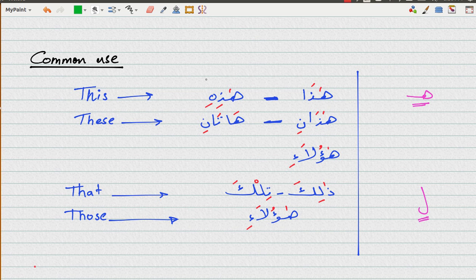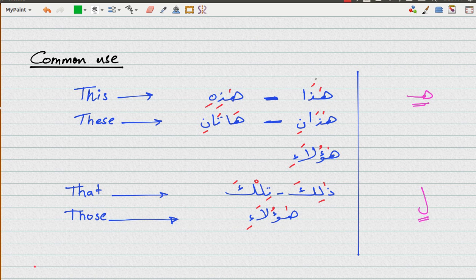And this is the case for other pronouns also, and you will find this very common in Arabic. We distinguish between a group of people and a group of objects. So say هؤلاء if there are people, and هذه if they're a group of elephants, for example.